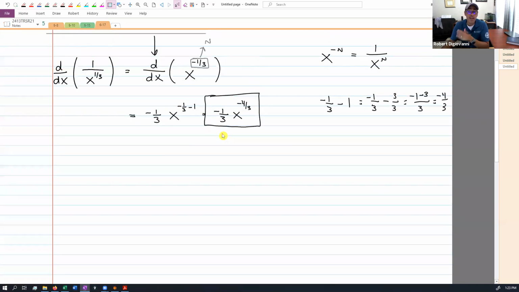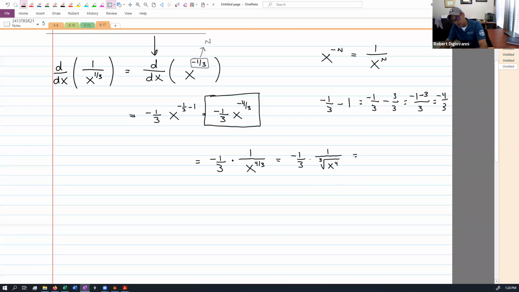But if we wanted to do more with it, here's the algebra. We could take the -1/3, leave it there. I can rewrite the second factor as 1/x to the +4/3. That's just taking that and dropping it down. And then I could use the property of converting that over to a radical. This would mean the cube root of x to the 4th.